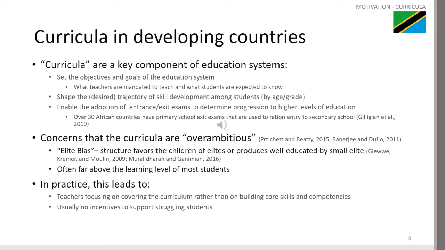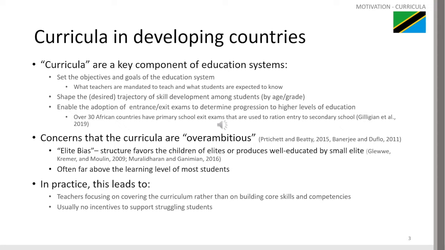Now, there are concerns that the curricula that have been adopted in many developing countries are overambitious, in that they are not well aligned with the current needs, skills, and backgrounds of students. And there have been a number of studies that have argued that the current curricula are biased towards the elite.